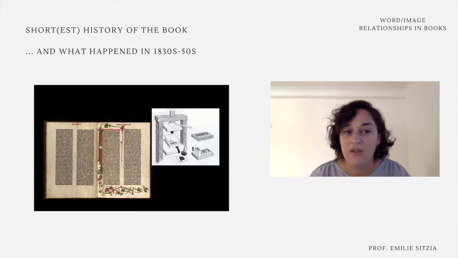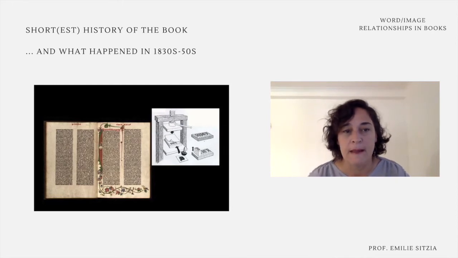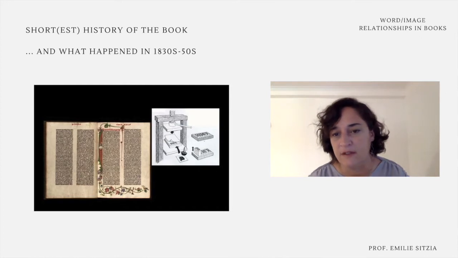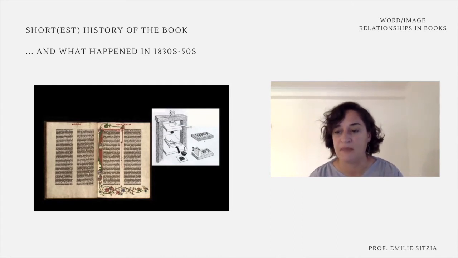So I'm going to do now the shortest history of the book that you will ever hear, I think. The point of this is mostly to help you think about that relationship between word and image in books, and how the techniques also shift, and really to focus on what happens from the 1830s to the 1850s, because that's the period where things start shifting for illustration and where it becomes a really interesting practice, I think.